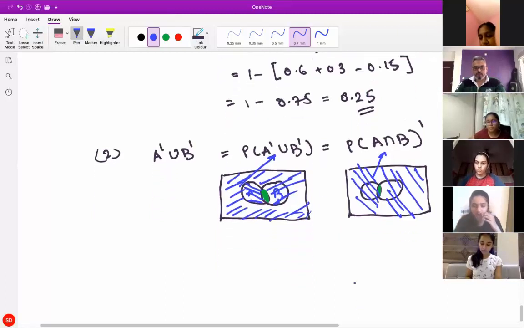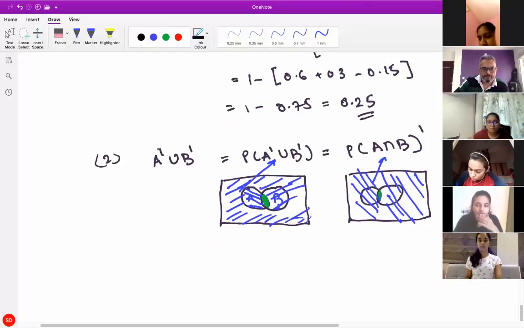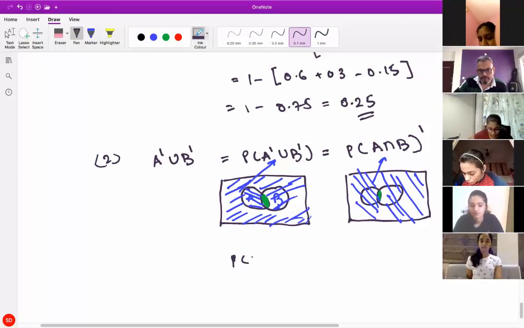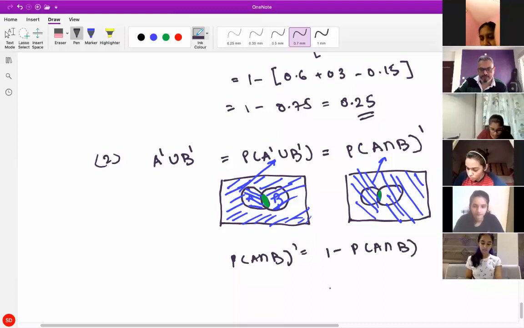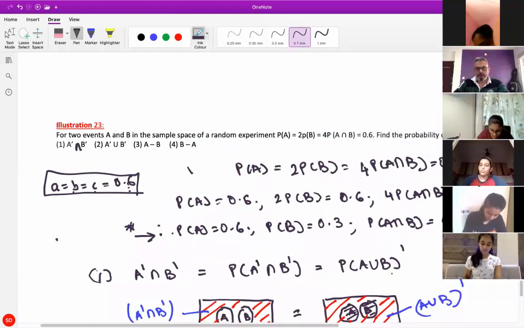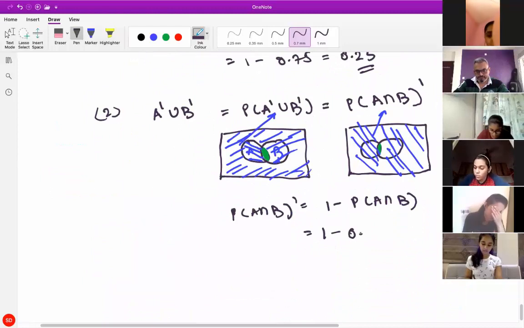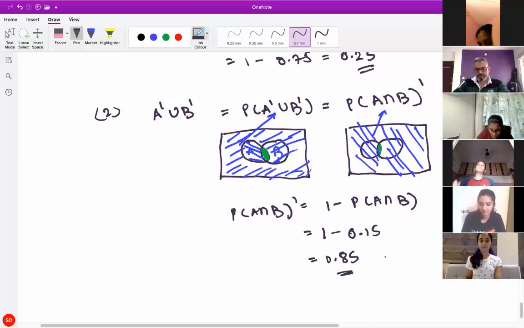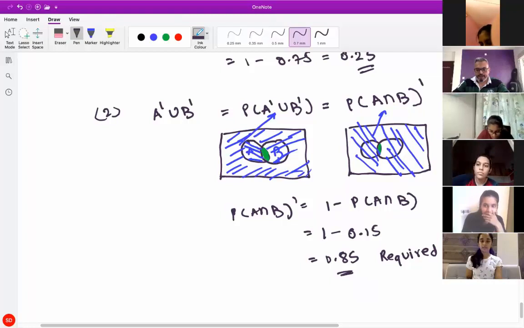Now, the formula is: probability of (A intersection B) complement is equal to 1 minus probability of A intersection B, which is 1 minus 0.15, which is equal to 0.85, the required probability or required answer.